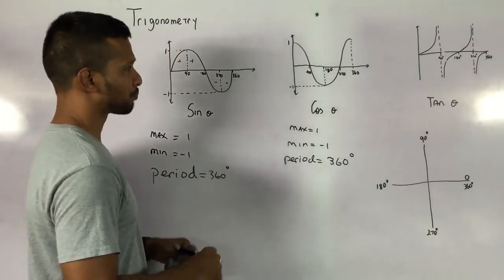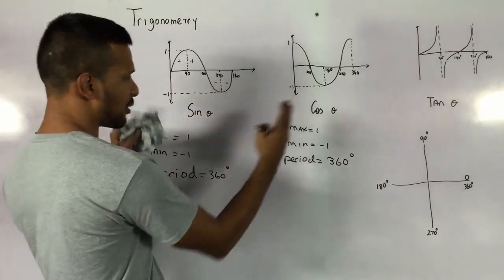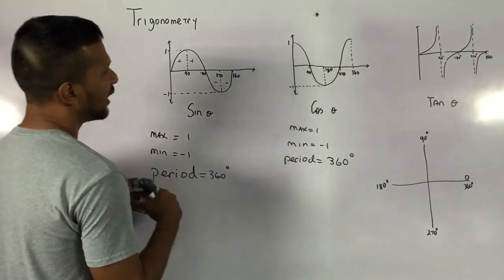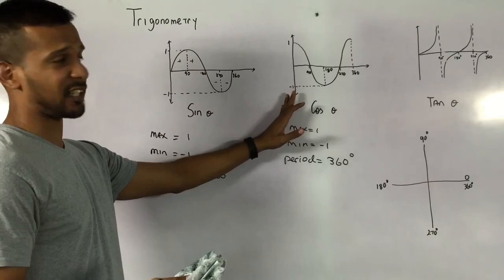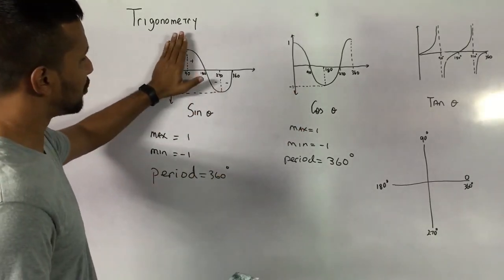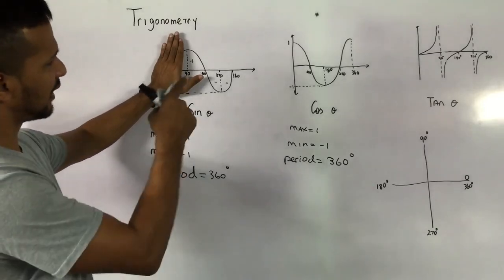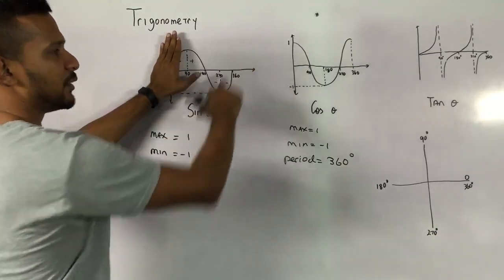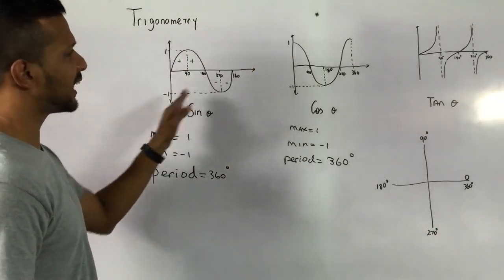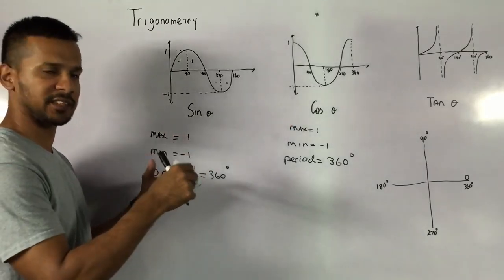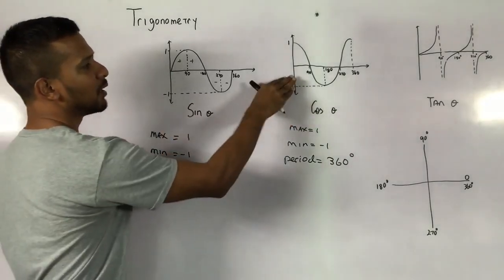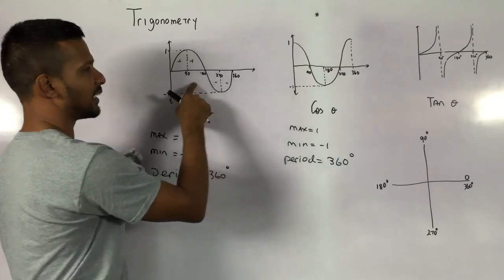Okay? If you look at the cos graph and want to look for similarities, this and this basically look the same. If I were to cut off 90 degrees of sine, it looks exactly like cos if I continue here. So it means that sine and cos are just shifts. If I shift cos 90 degrees, I'll get sine.